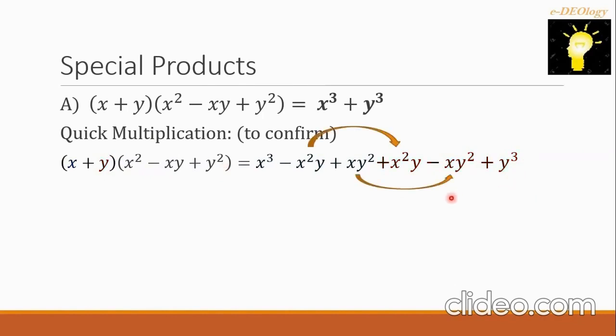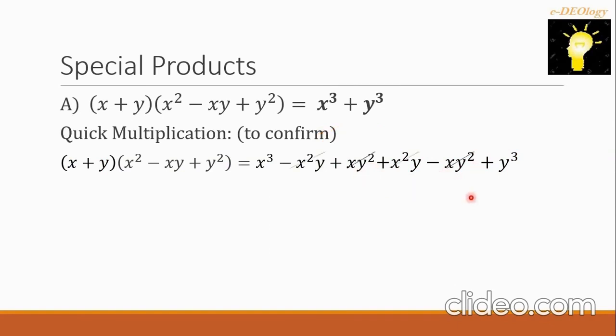And from here, we're going to look for like terms. So this negative x squared y, there is a positive x squared y here. Also, this xy squared, positive, there is another term which is same literal coefficient, xy squared, and this is negative.